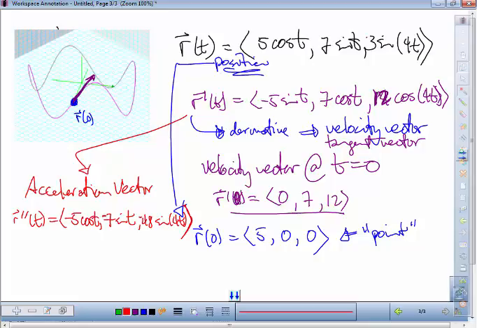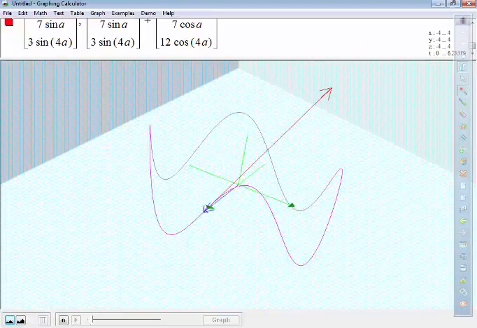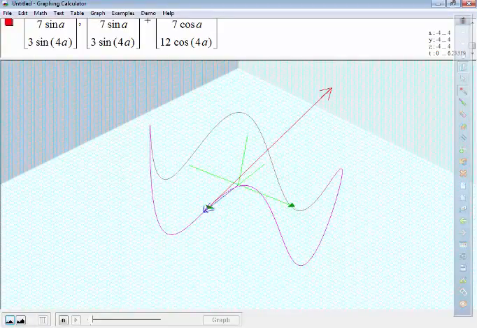All right, so as you can see, when I'm looking at my graph over here, that velocity vector looks kind of long. There are some cases where we might just be interested in the direction of the velocity and not the length of the velocity. So this would be a good time to think about making it into a unit vector. So let's make this into a unit vector.